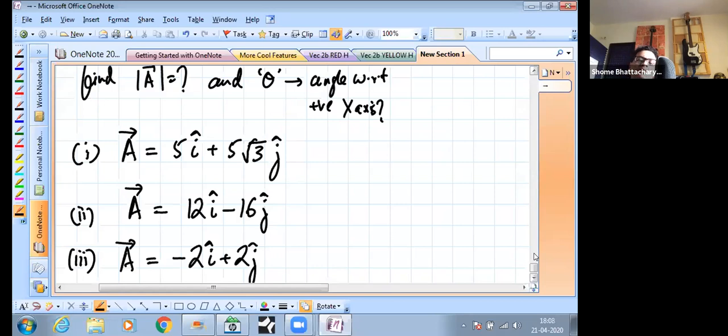Yes, Amay, the formula you should use is the one we just discussed in the section before, how to find mod A and theta when I know Ax and Ay. So the magnitude of the vector becomes square root of Ax square plus Ay square. Because if you draw the components along with the vector, you get a right angle triangle. So what happens in right angle triangles? Ax and Ay are the perpendicular sides, and the actual magnitude of the vector A is nothing but the hypotenuse.